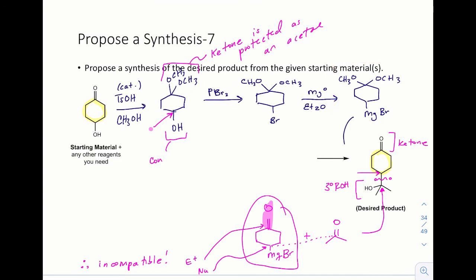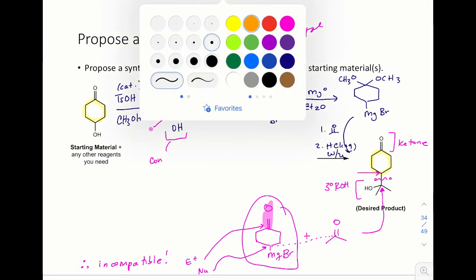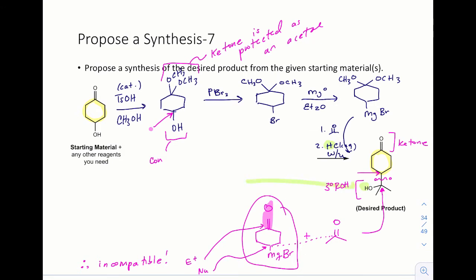To this Grignard reagent, we will add the electrophile that we have already identified, acetone, followed by an acidic aqueous workup to protonate the tertiary alcohol that provides this proton here. Okay, we did it. So our answer is what's written in blue. Our pink is our invaluable retrosynthetic analysis.